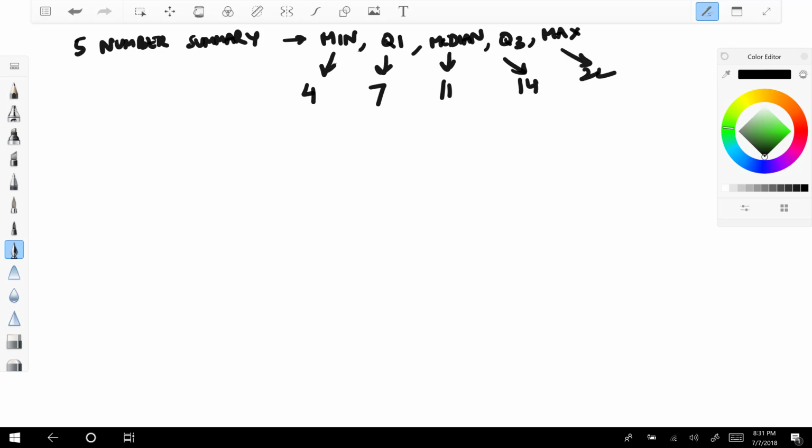So if we want to plot a box plot, so here is a number line.